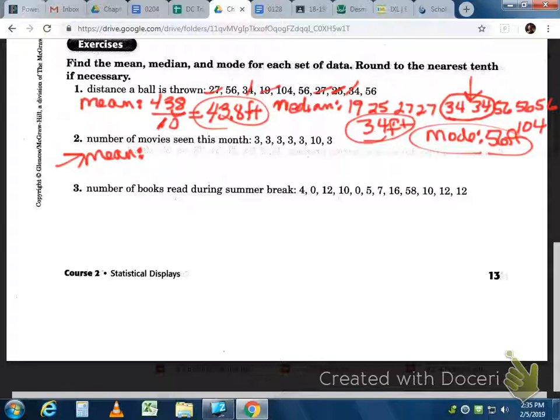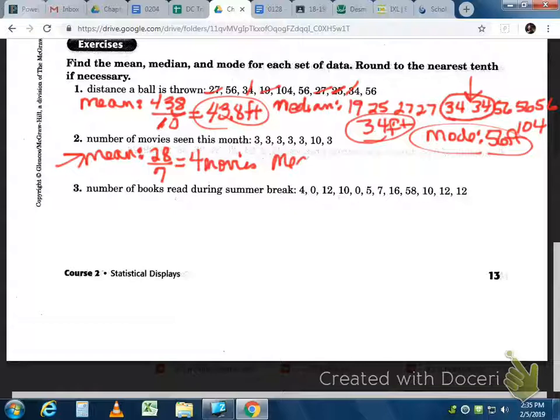If I add all those up, what is that, Justin? 28 divided by how many numbers are there? 7. 28 divided by 7 is 4. Look at that. All of those 3s, and the mean is 4 movies. You see what the 10 did to that? That pulled it all the way up a whole number, even though there were 6 3s in that list.